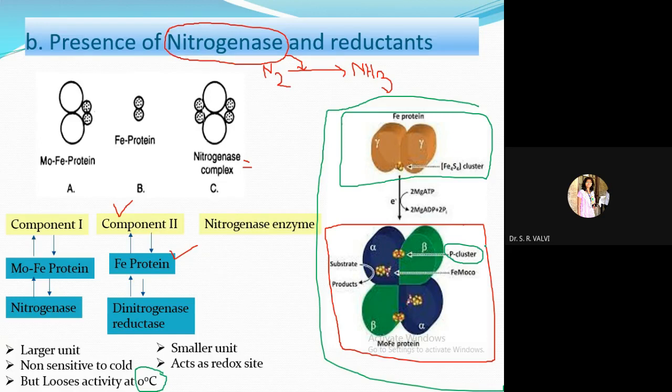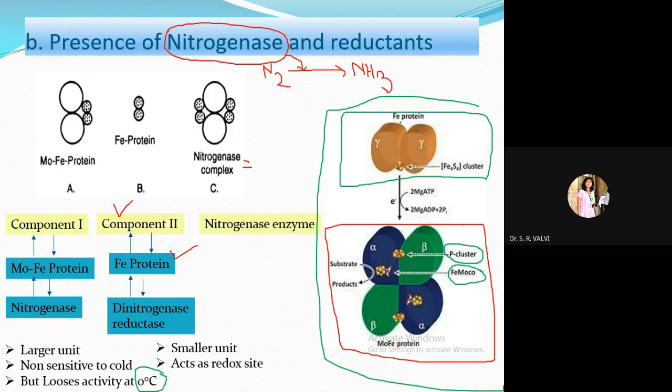And it also has ferromolybdo cofactor, or iron molybdenum cofactor, FeMoCO. Getting? So FeMoCO is nothing but iron molybdenum cofactor. This cofactor converts substrate into its product. So this is the detailed structure of the larger subunit, that is MoFe protein.